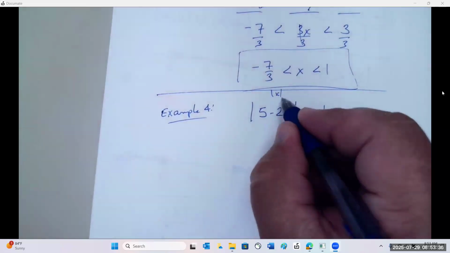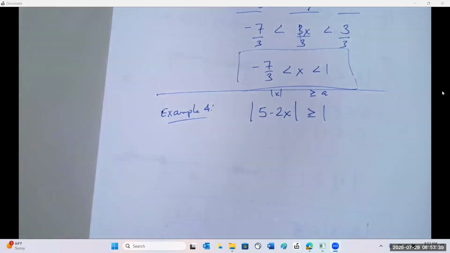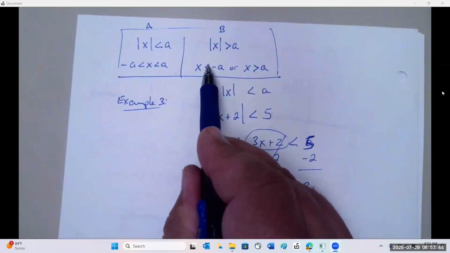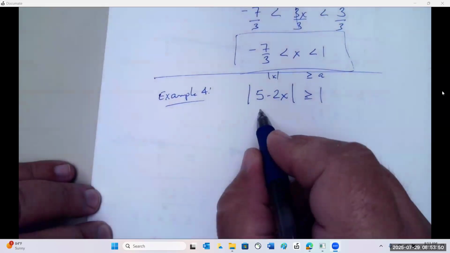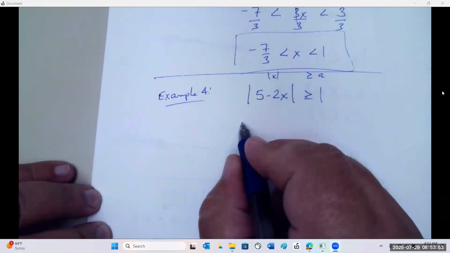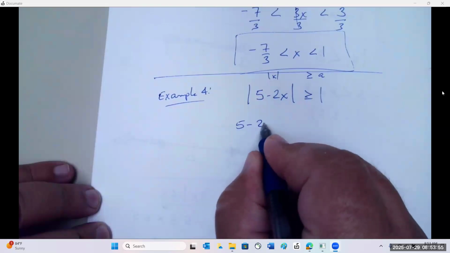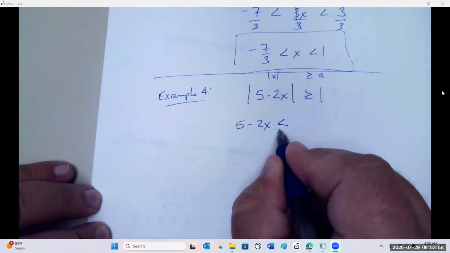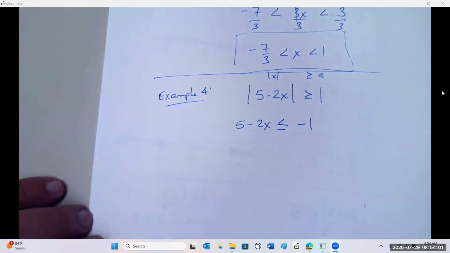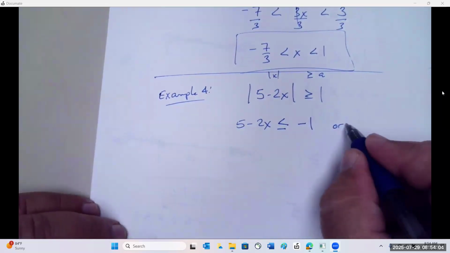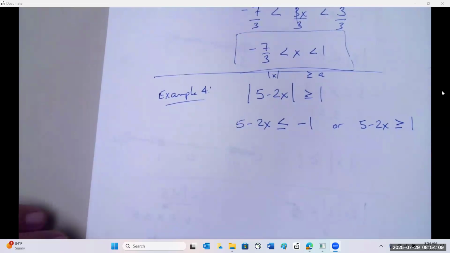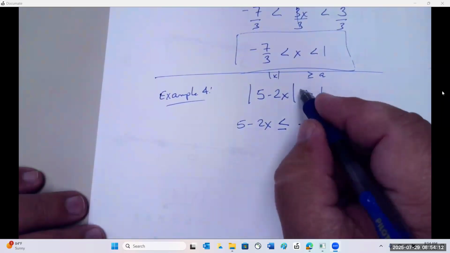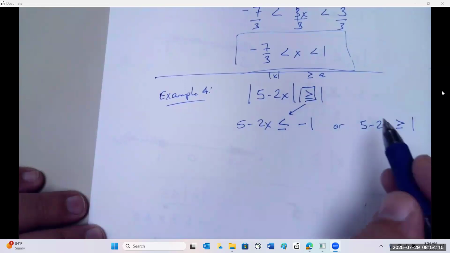This is your absolute value of X. This is your A. What it tells me to do is X is less than negative A or X is greater than A. This is my X. So I have 5 minus 2X is less than or equal to negative 1. So I have the negative side. Or 5 minus 2X is greater than or equal to positive 1. Whatever sign is here has to go in these two places.